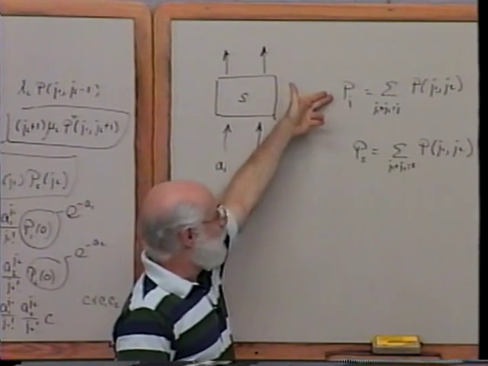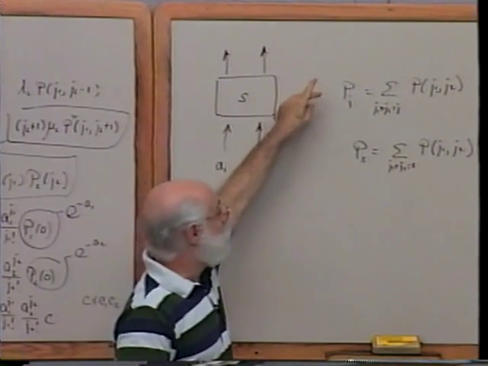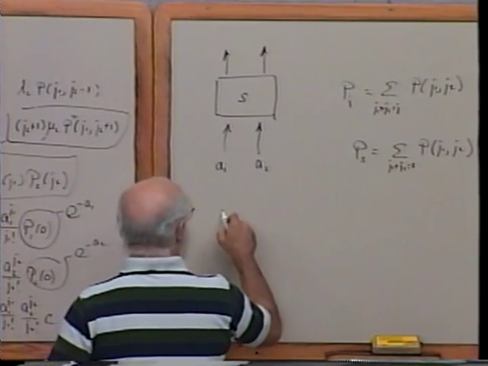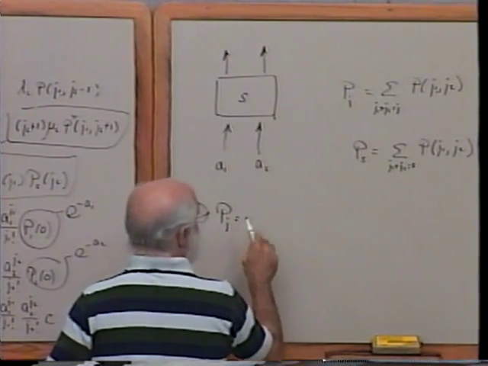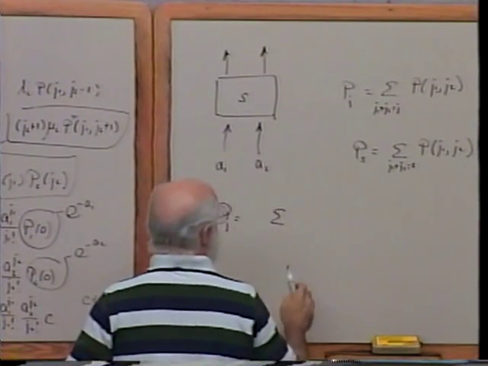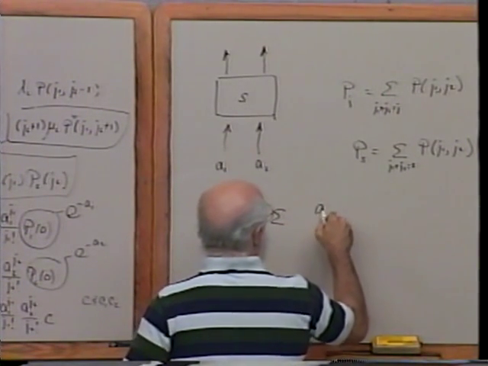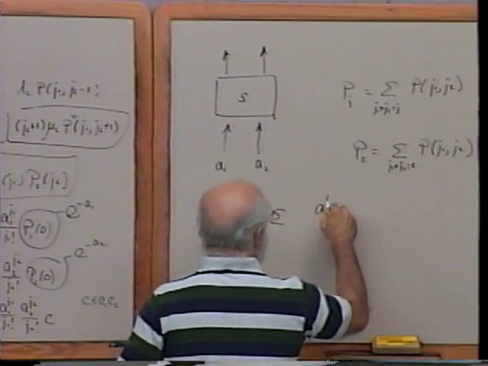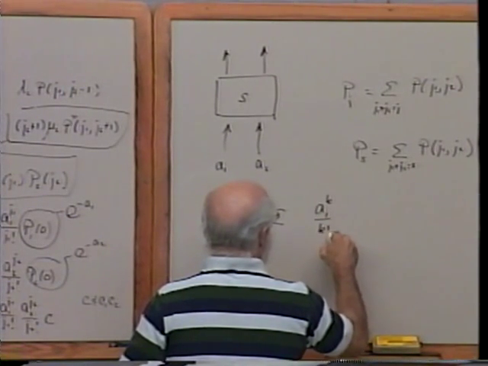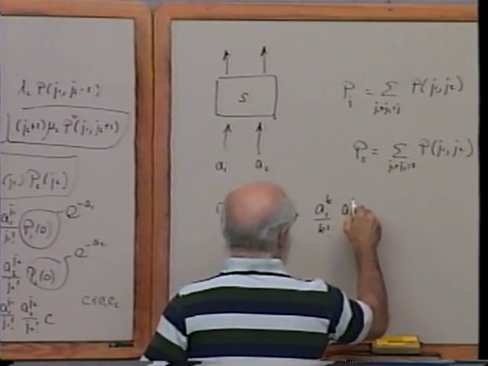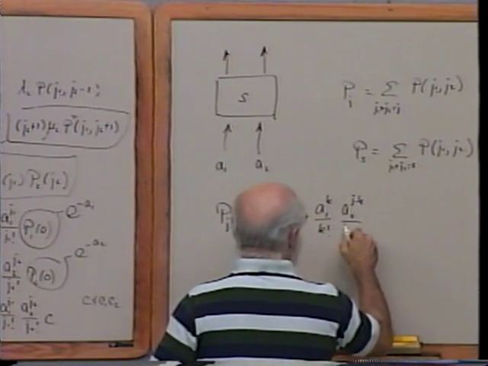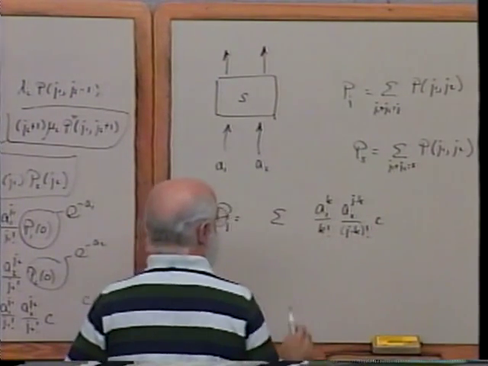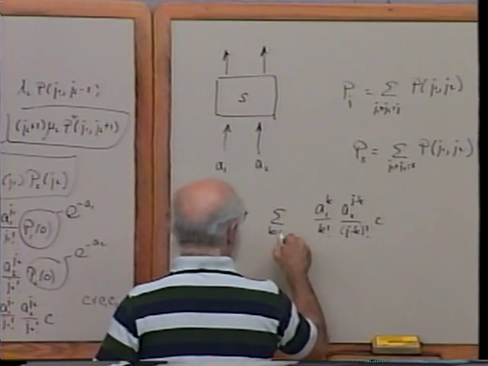Or equivalently, let's see if we can get a formula for this. OK, so let me rewrite this piece right here. I'll say Pj is equal to the sum of A1 to the k over k factorial, A2 to the j minus k over j minus k factorial, times this constant, as k runs from 0 to j.